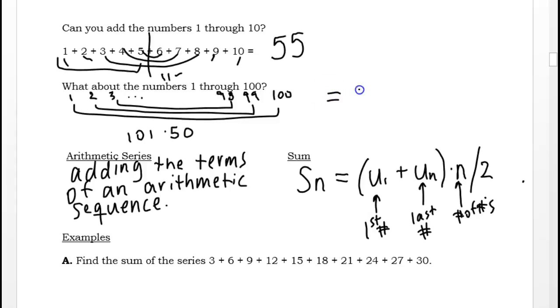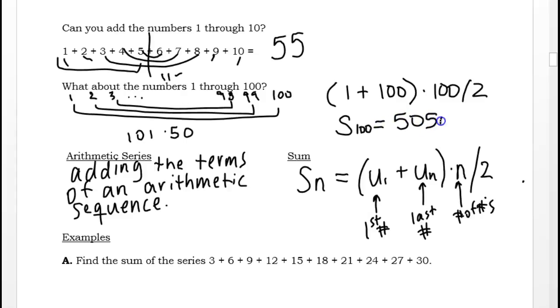So this allows me to easily calculate the answer to be 5050. And so I'm going to use that formula so we can see everything in action. If we did the first number plus the last number times the number of numbers divided by 2, the sum of 100 numbers, 1 through 100, would be 5050.